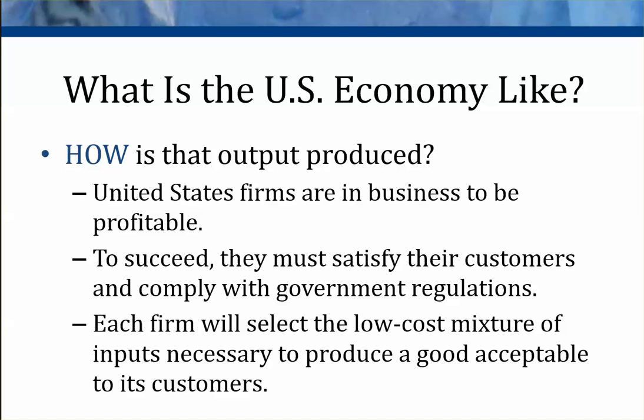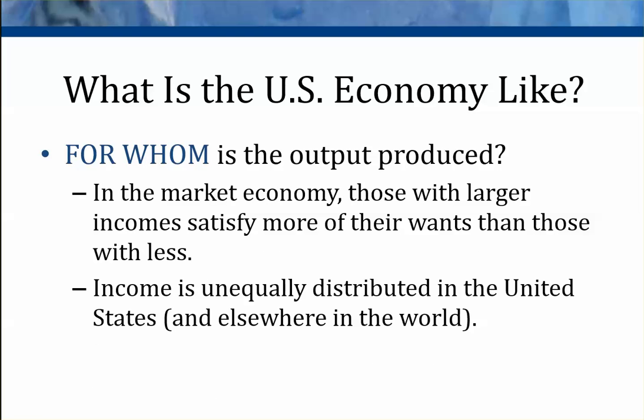And how is that output produced? United States firms are in business to be profitable. To succeed, they must satisfy their customers and comply with government regulations. Each firm will select the low-cost mixture of the inputs necessary to produce a good acceptable to its customers. So in the future, if you run your own business, you really need to memorize the 3 points: what is produced, how is the output produced, and for whom is the output produced.